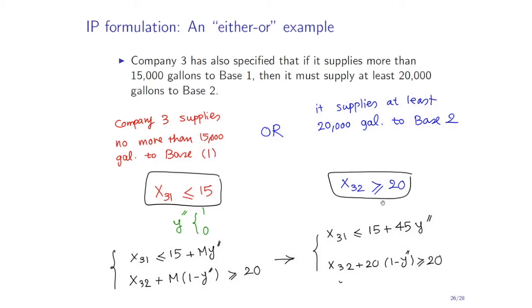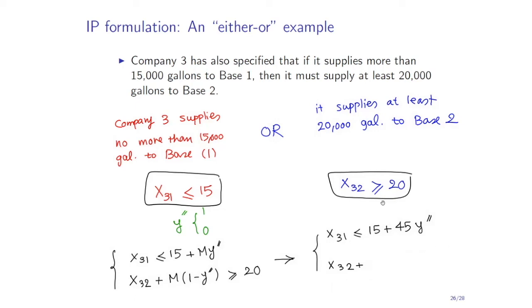If y double prime is 0, then I will get X32 plus 20 greater than or equal 20, or simply X32 greater than or equal 0, which is a non-negativity constraint. I already have a non-negativity constraint, right, which makes this trivial. So 20 is enough.